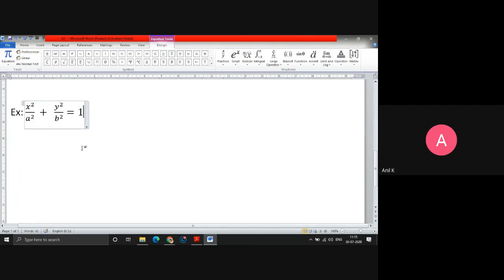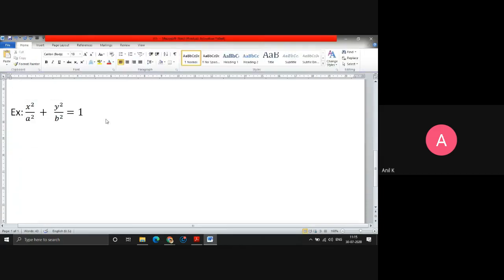So this is the ellipse which satisfies the given condition: foci on the x-axis, center at the origin.